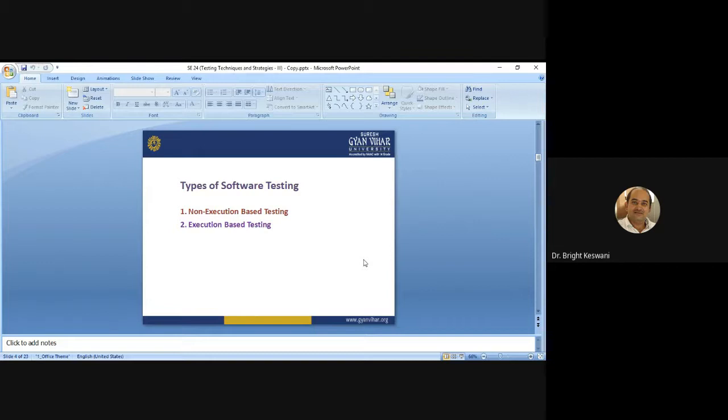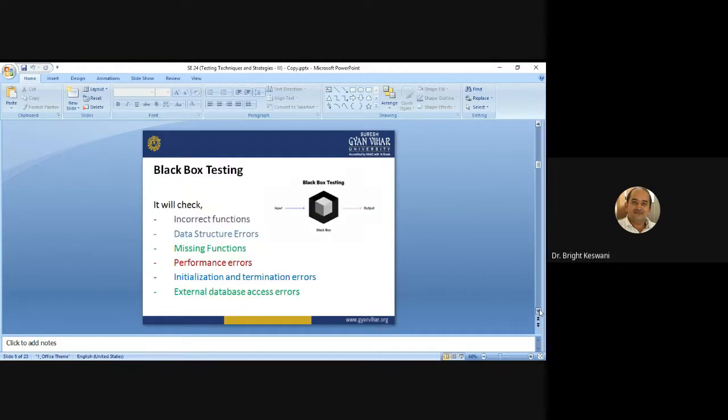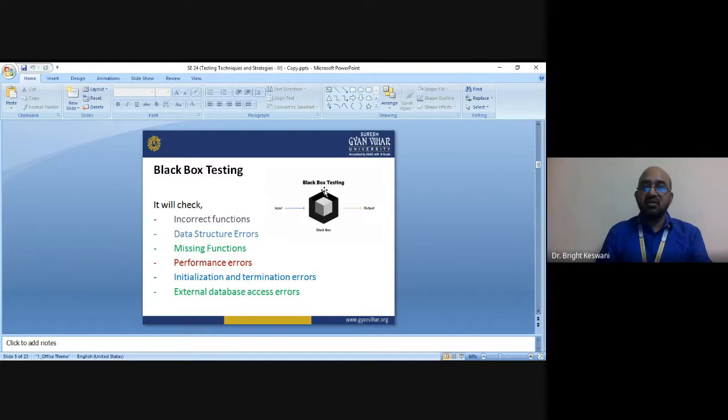Okay, let us discuss black box testing in detail. This is a simple illustration of black box testing. As I said earlier, in black box testing we are not concerned with the internal functionality of the system. We are only concerned with the input we have given the system, and what output we are getting from the system.